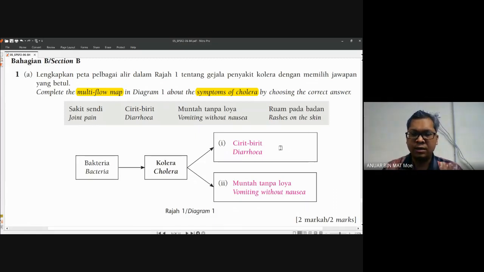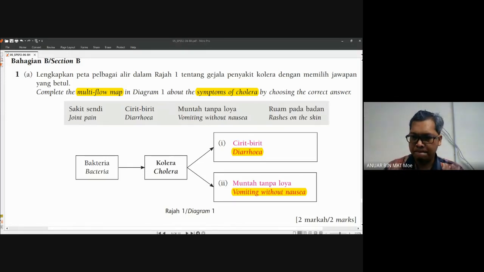And then what are the real symptoms? So the answer is diarrhea and then vomiting without nausea. Vomiting without nausea. Okay, nausea. How to pronounce it? Nausea, right?